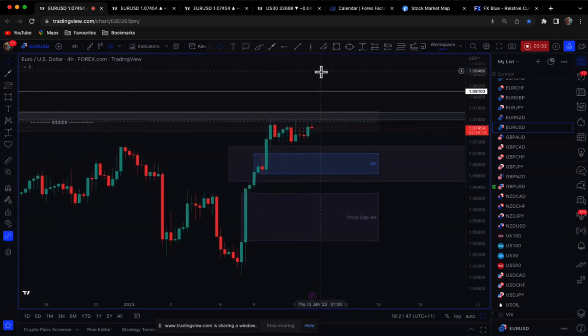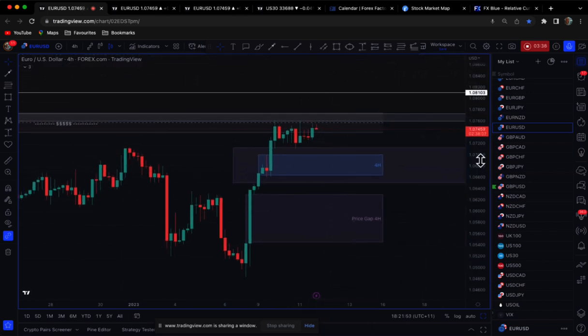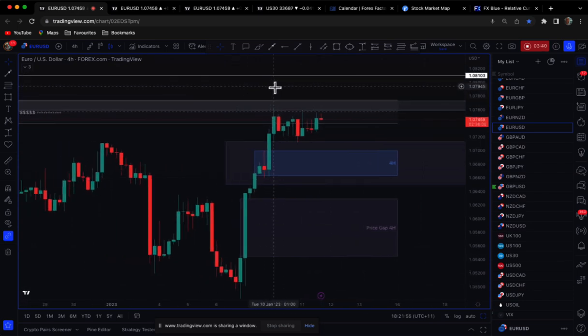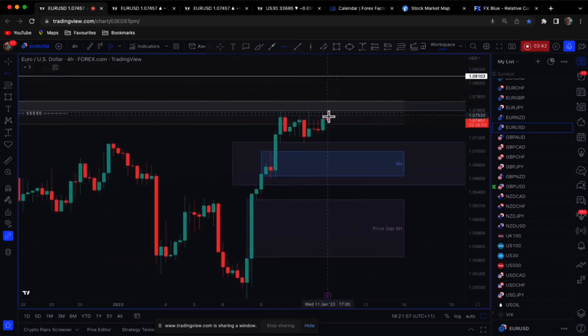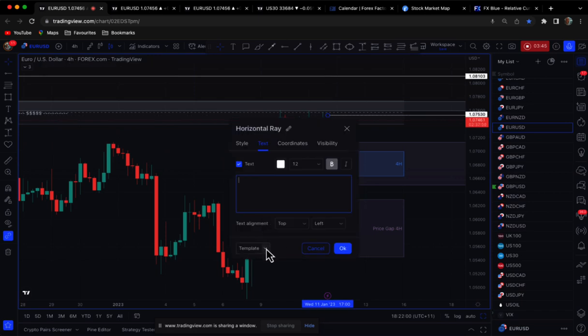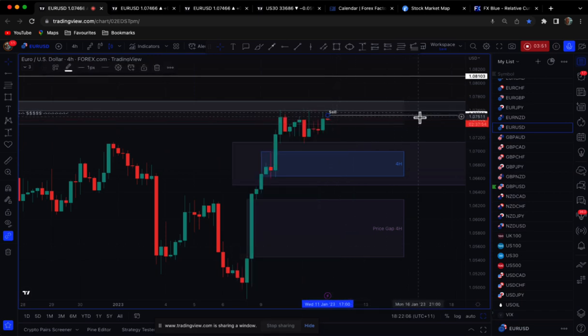I've already shorted this. I also have pending sell orders above. So I've got a market sell up in around here somewhere. This is my plan. If this spikes up, see this could push up looking for the liquidity above these highs before it trades down. I've also set up a couple of pending sell orders up in here.